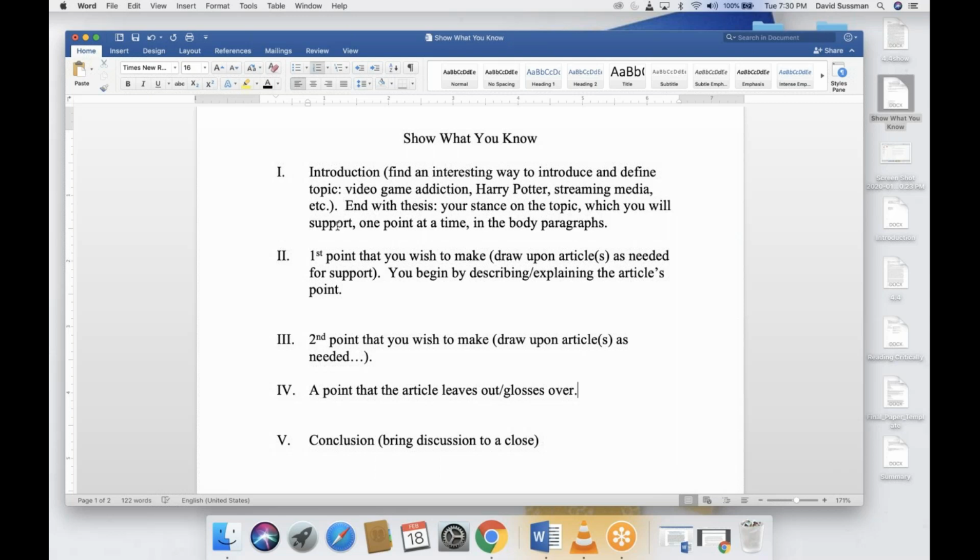I don't know if that's something that's important enough to bring up in your essay. But okay, if it's something that the article never mentions and it's something that you think is kind of important, then absolutely that could be something you raise here, like a point that the article leaves out or glosses over. I'm embarrassed because if that's true, then I never noticed that.